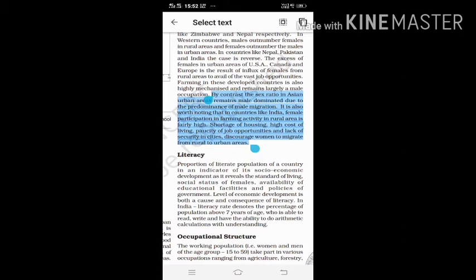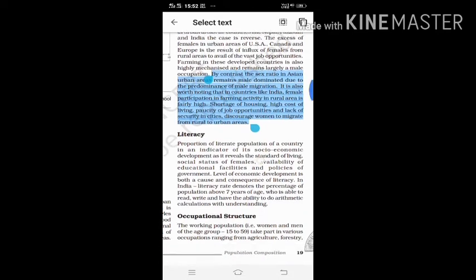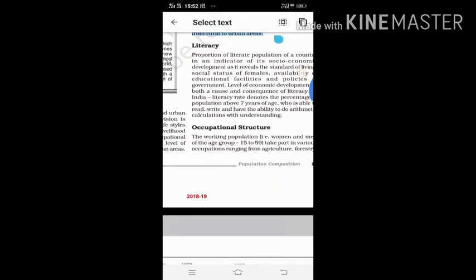Remember this one, and this part you have read in the previous chapter, that is the migration part. Hope you remembered it. So nothing much here to explain.